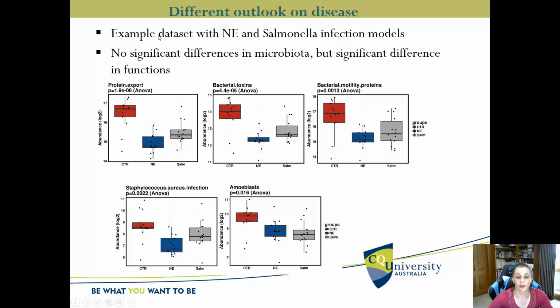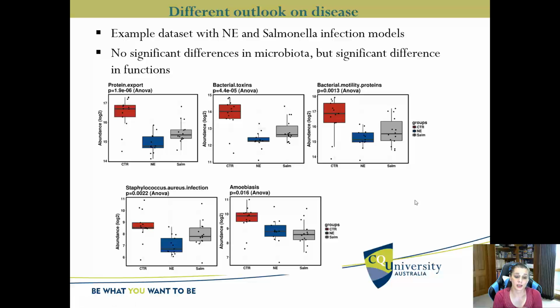This is an example data set of control birds, and then birds infected with necrotic enteritis and with salmonella. Of course, necrotic enteritis, Clostridium perfringens infection, was in combination with M. aurea. In both of these cases, we have birds that are infected and sick.